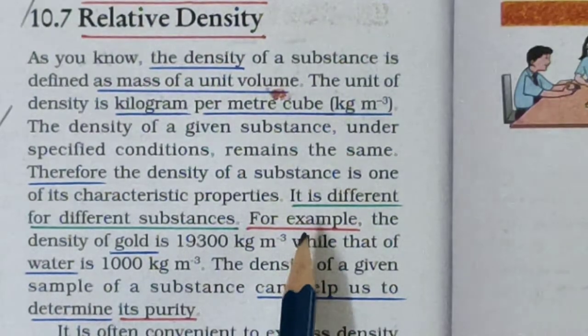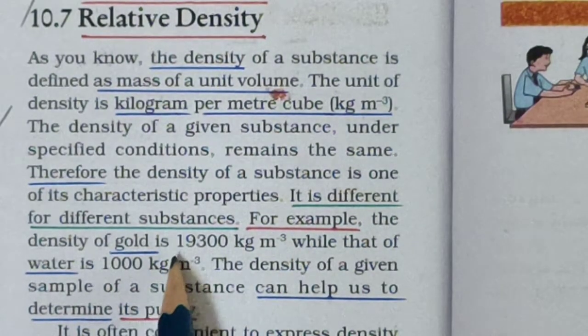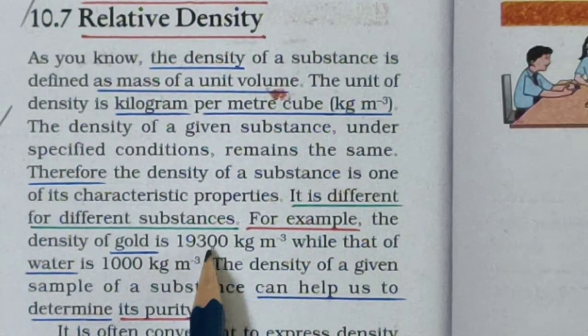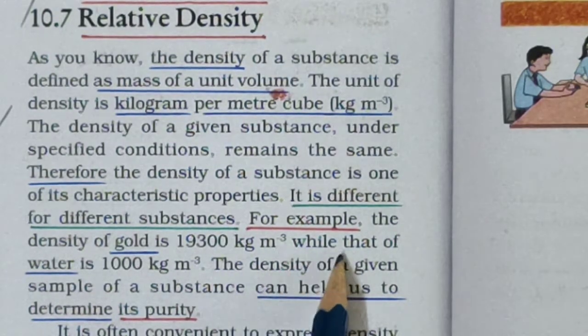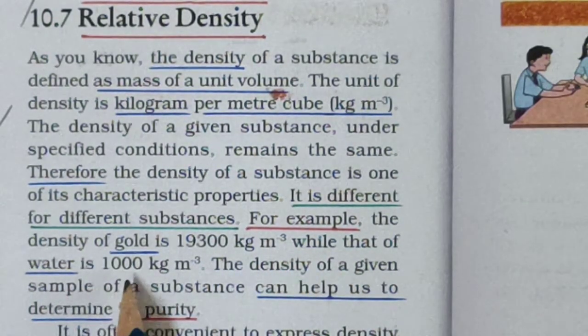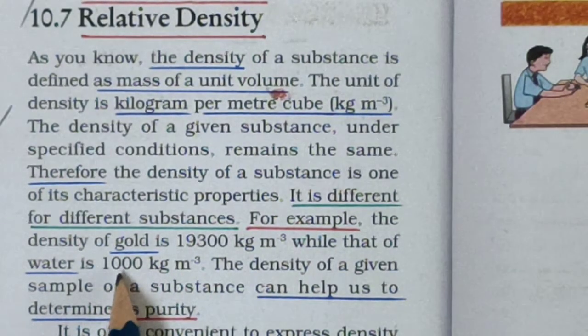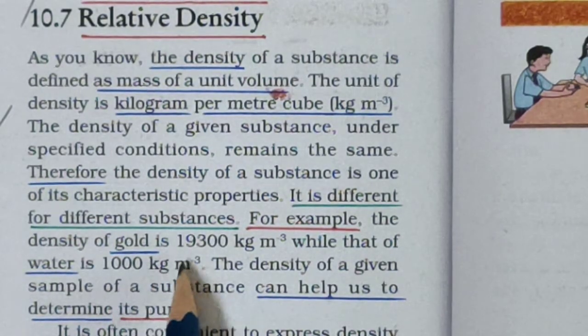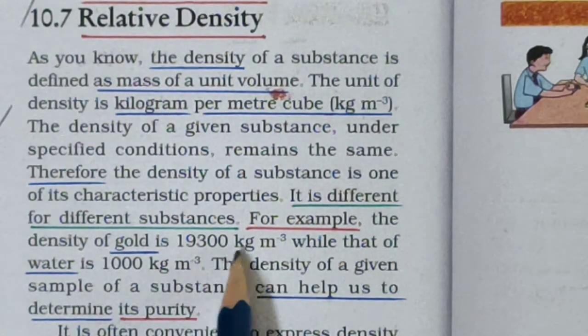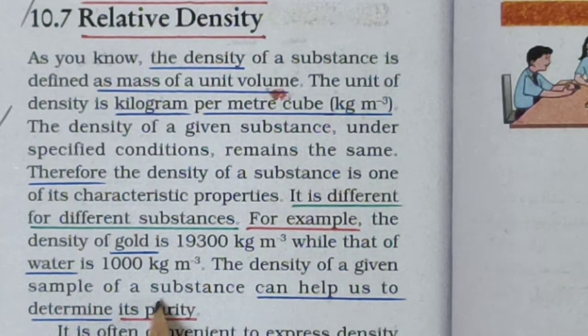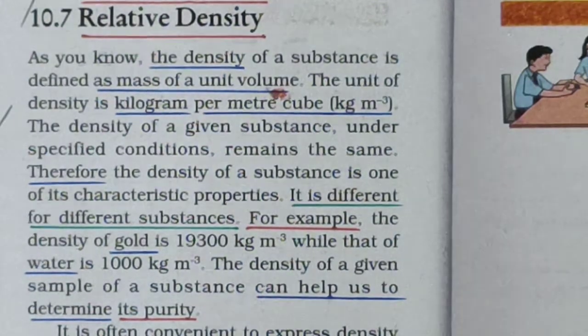For example, the density of gold is 19,300 kg per meter cube, while that of water is 1000 kg per meter cube. See the difference? Here it is 1000 kilograms per meter cube, here it is almost 19 times, 19,300 kilograms per meter cube. The density of a given sample of a substance can help us to determine its purity.